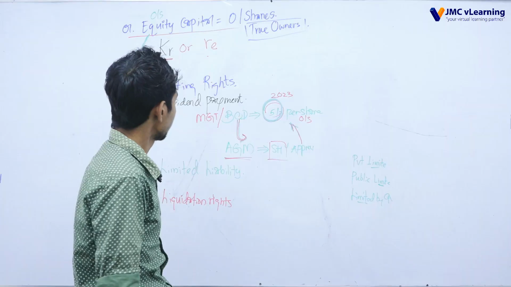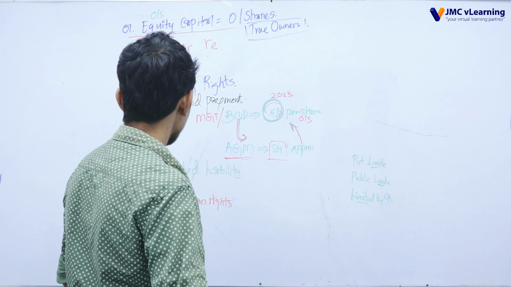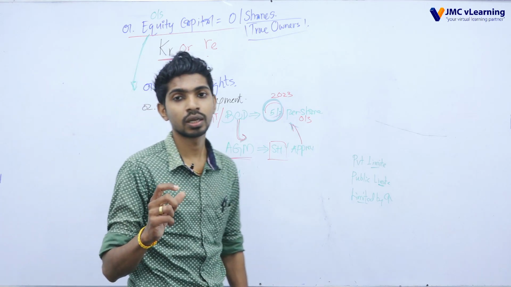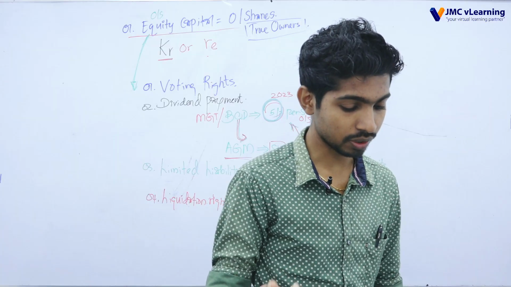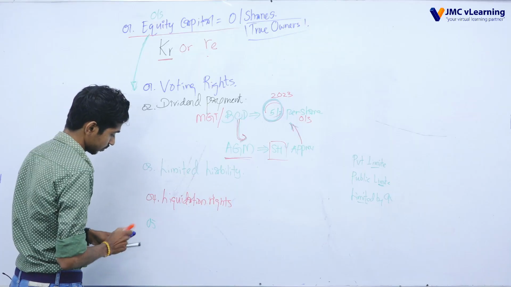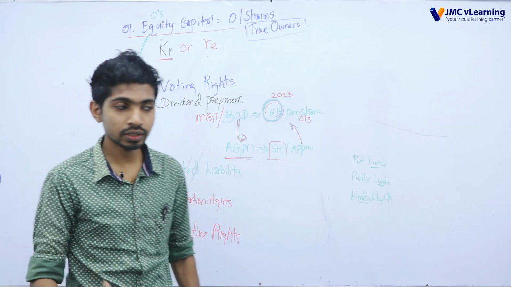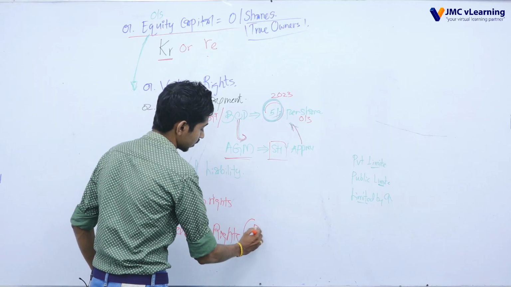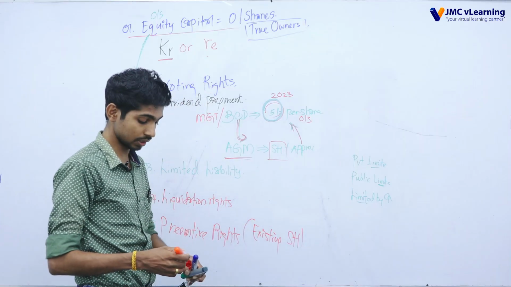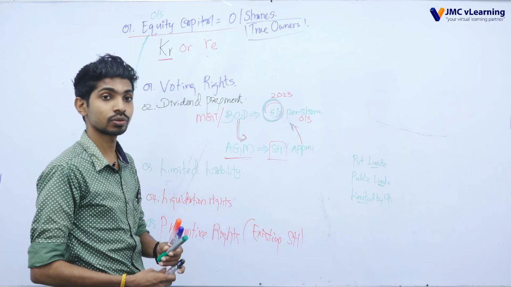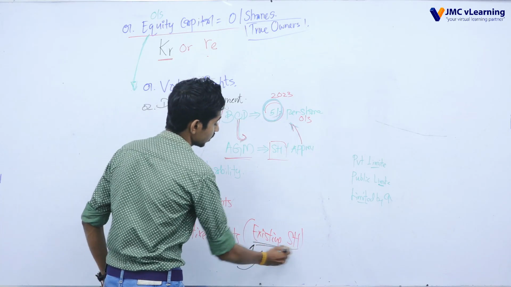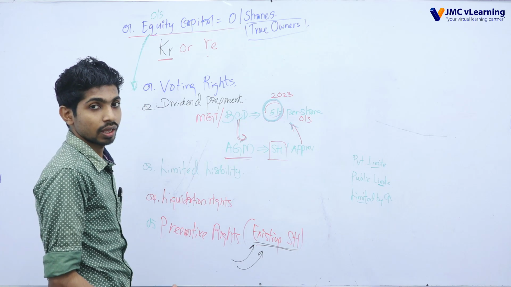Okay, those are the main features. Apart from that, there is another one, if I am not mistaken: the preemptive rights. We will discuss that also. Preemptive rights mean that if an organization already has existing shareholders and the company thinks about another issuance of shares, then the organization will call the existing shareholders and ask for their expectation.